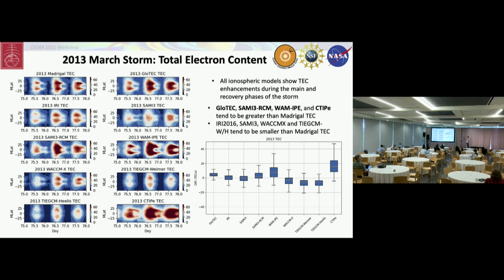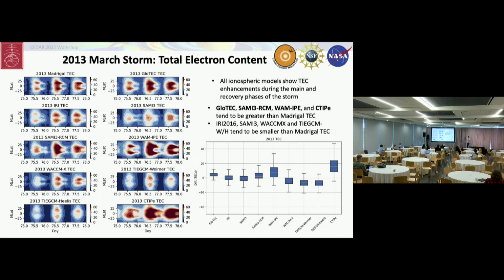You can see that the Madrigal TEC shows very significant TEC enhancement. You can compare the Madrigal TEC, the ground-based GNSS TEC, with the other ionosphere models, so you can roughly see which model shows better performance. It seems likely that the GeoTech and the II model show very good performance because they show a very similar structure.